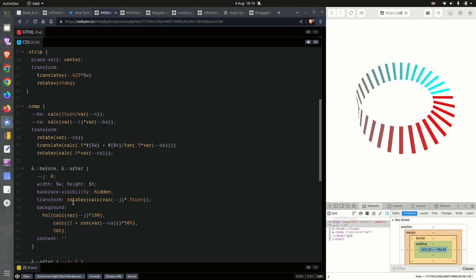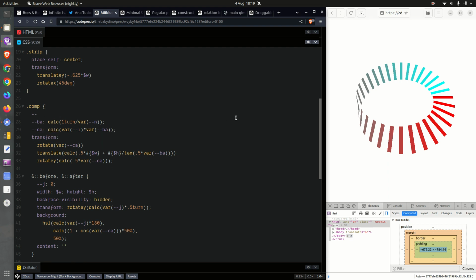So we don't want this hue to depend on just the face, whether it's the before or the after. We also want it to depend on the half. So we are going to compute a sign, which is going to be -1 for the first half and 1 for the second half.